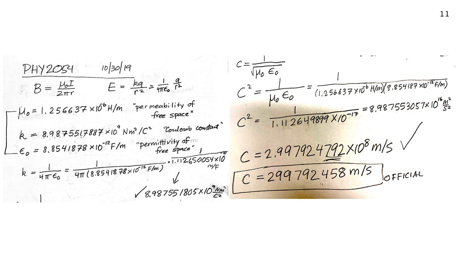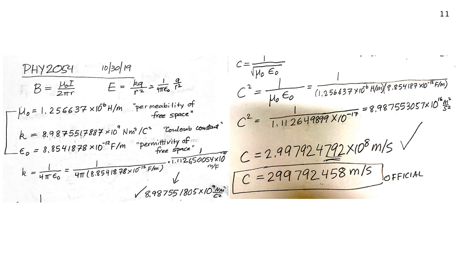All right, now the Coulomb constant is, and I'm going to give you a lot of digits. These have been measured very, very carefully to many, many digits, so that's why we're using a lot of digits. 8.98.